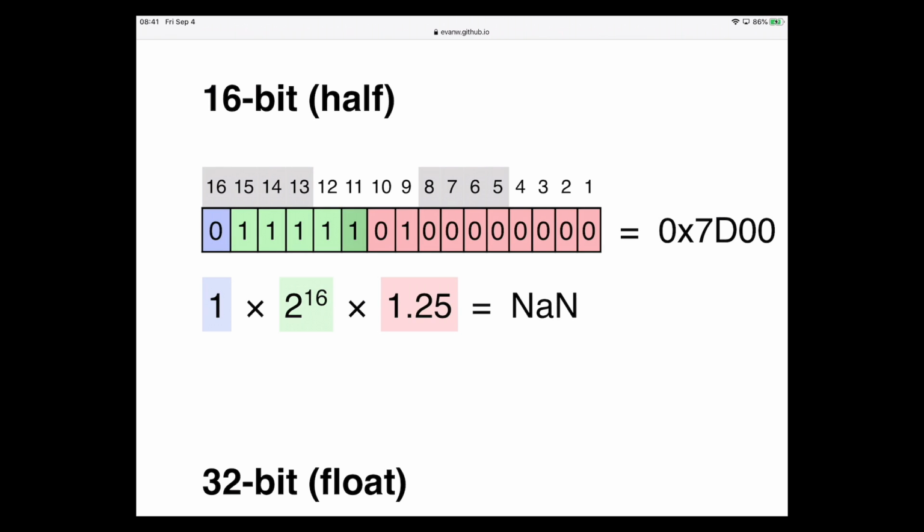So what does the exponent look like? It looks like 31, but I have to subtract the 15 because of the bias, and so I get that the exponent actually counts as 16, even though it looks like 31.